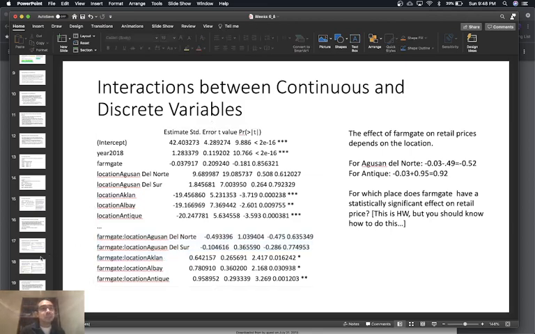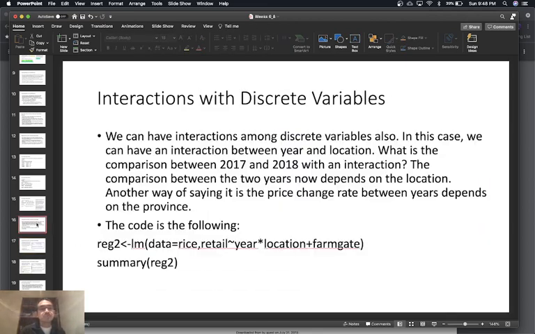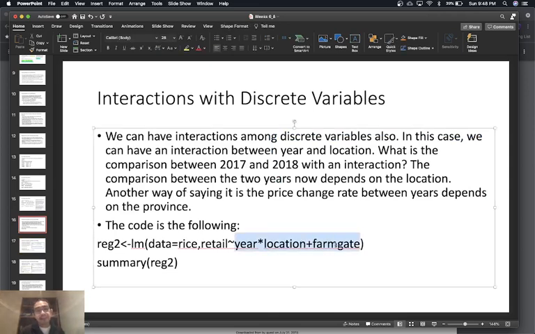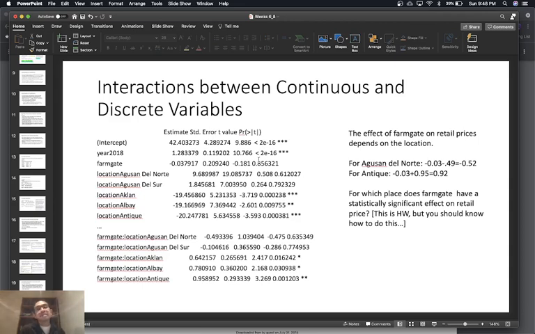Similar to this, right? Instead of this, it's going to be different in order to come up with this. So this is something that you should try writing right now, right? And in class, I'll probably do it together. Okay, so the effect of farm gate on retail prices now depends on location.